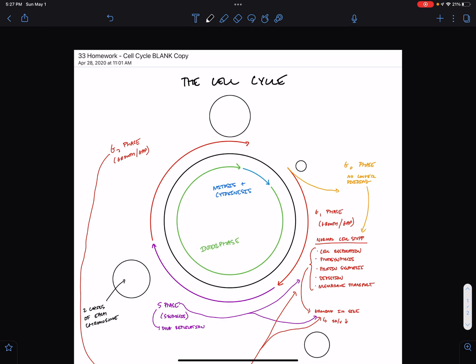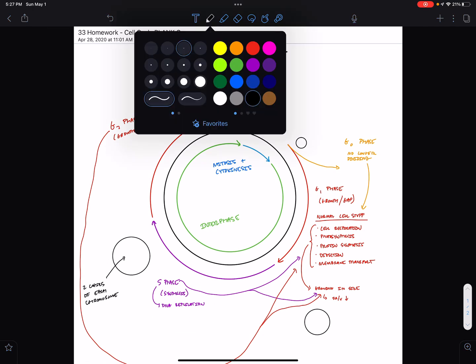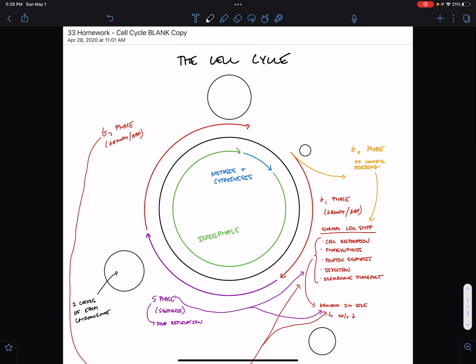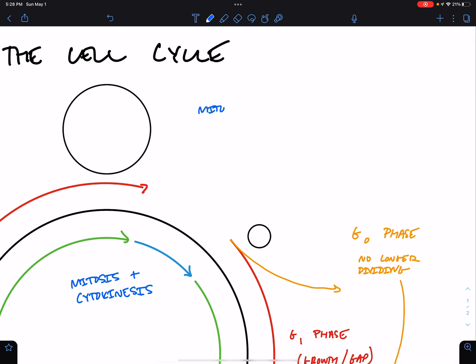And then it enters mitosis and cytokinesis. Mitosis is specifically the division, actually I guess I'll write it here. Mitosis is the division of the chromosomes. And cytokinesis is dividing everything else.